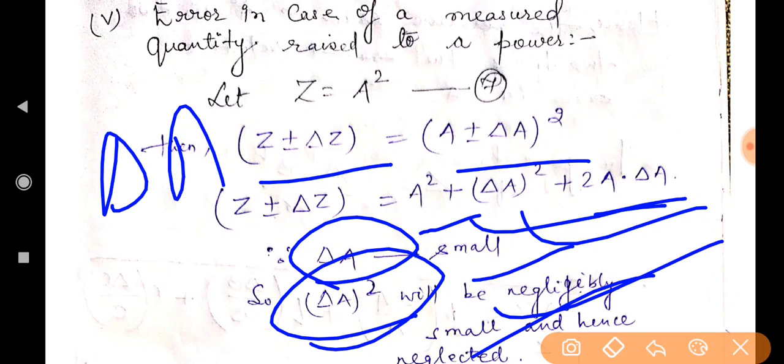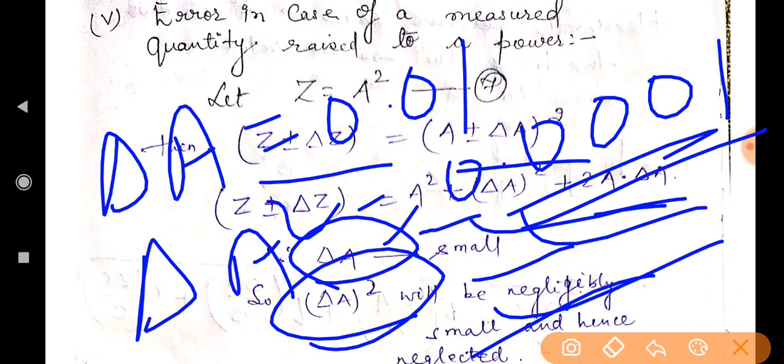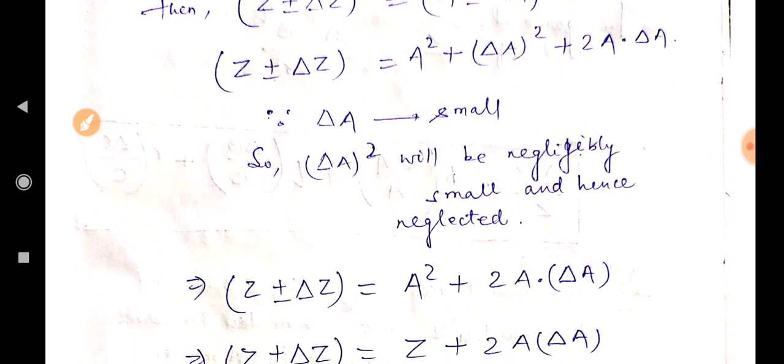Suppose delta a is 0.01, then delta a square becomes 0.0001, more and more small, negligibly small, dear students. So we can neglect it.